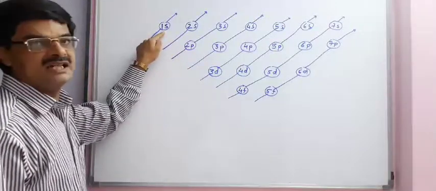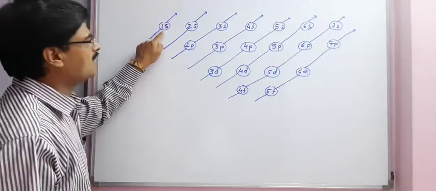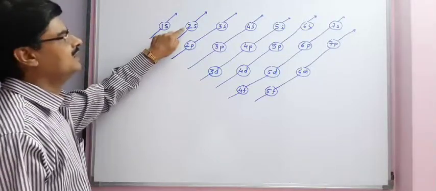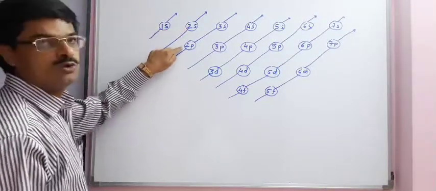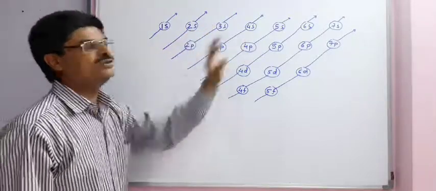Electron will first enter into 1s. After completion of 1s orbital, they will enter to 2s, then to 2p, then to 3s, and so on.